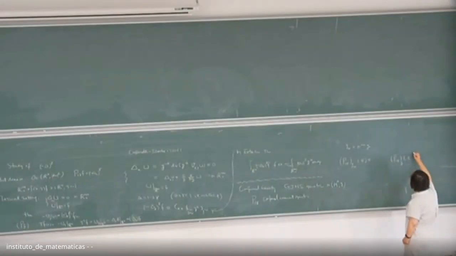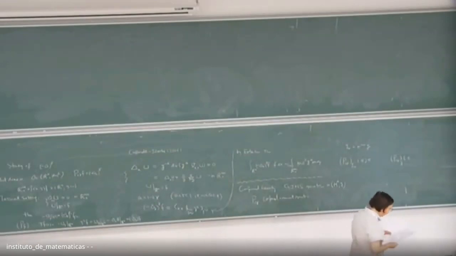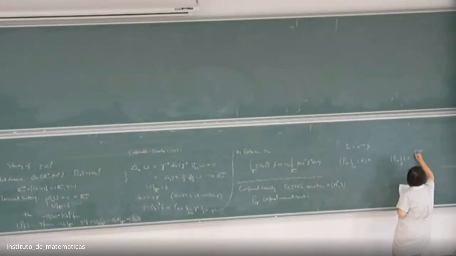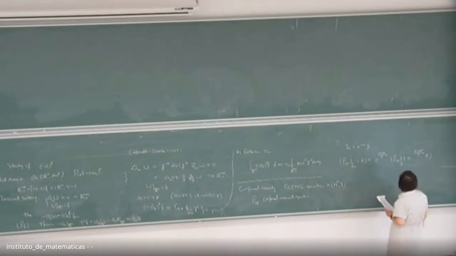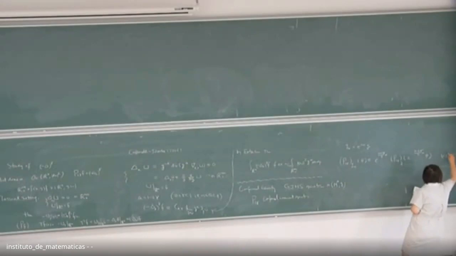This is e to the minus n minus 2 gamma over 2 w times phi, and then e to the n plus 2 gamma over 2 w, for every smooth function phi on the manifold. So this is the conformal covariant property.